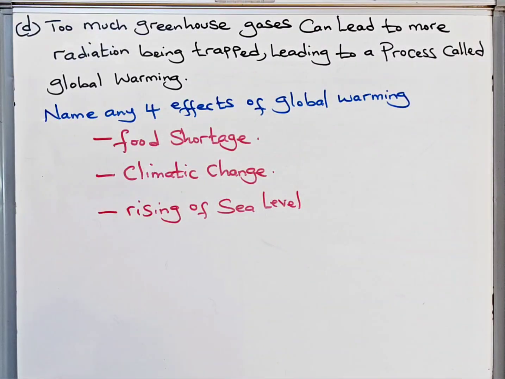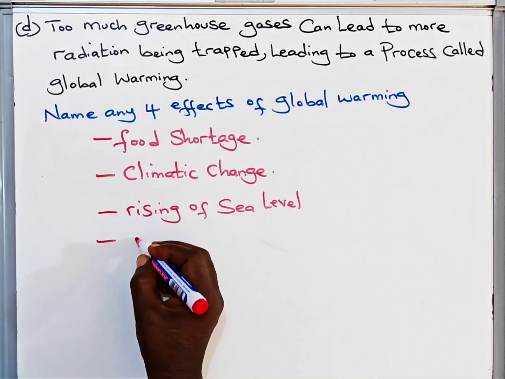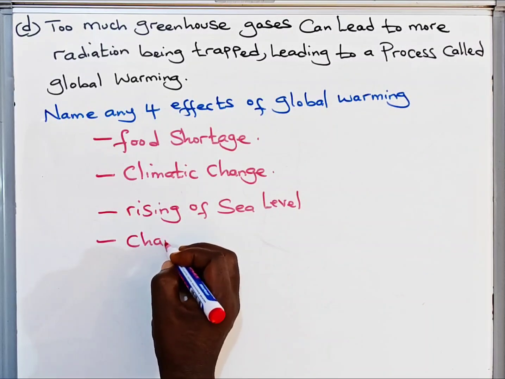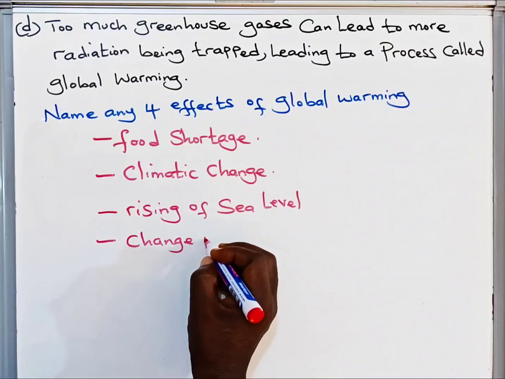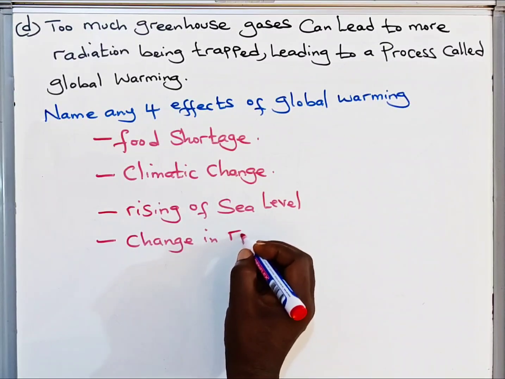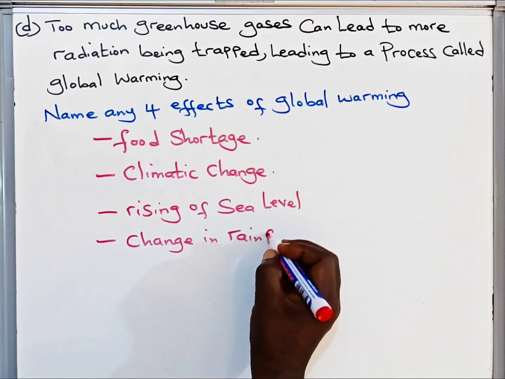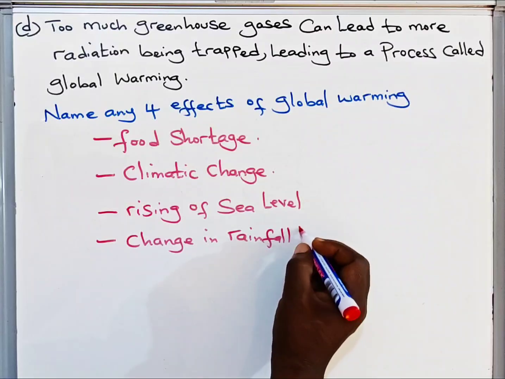When the environment is too warm, the ice caps at the poles melt, releasing a lot of water, which tends to raise the sea level. Next is change in rainfall pattern.